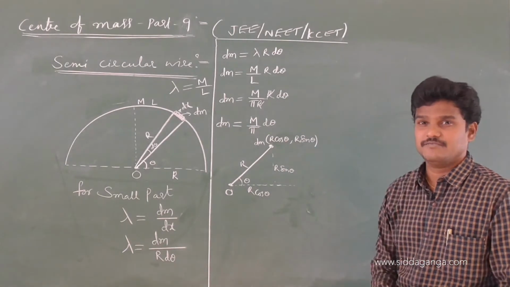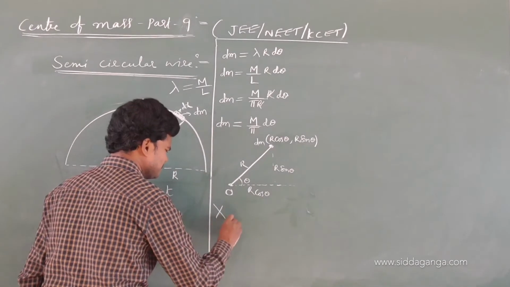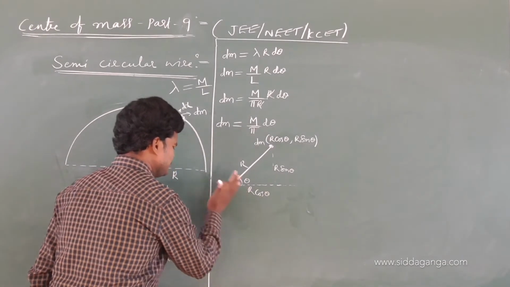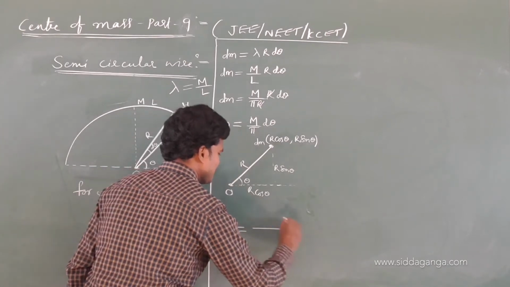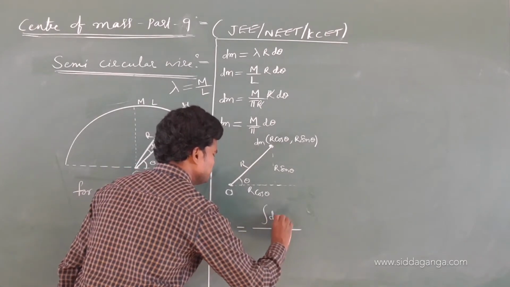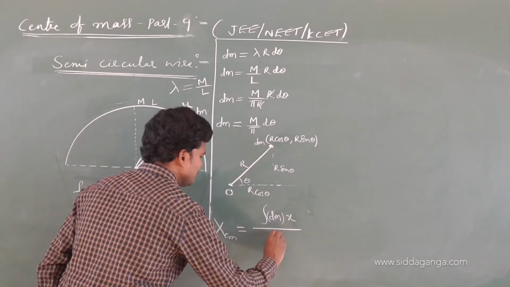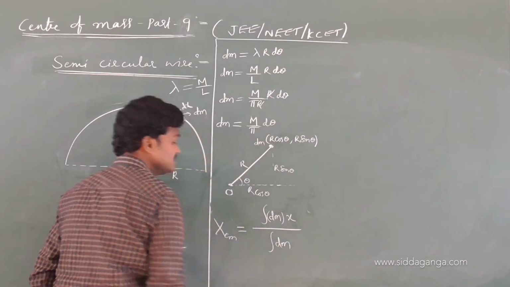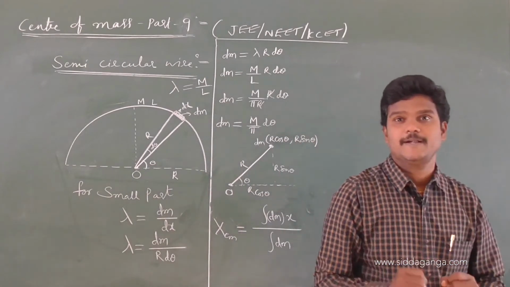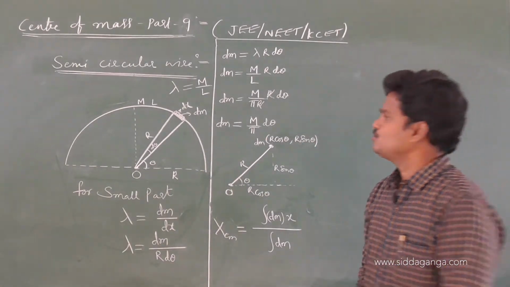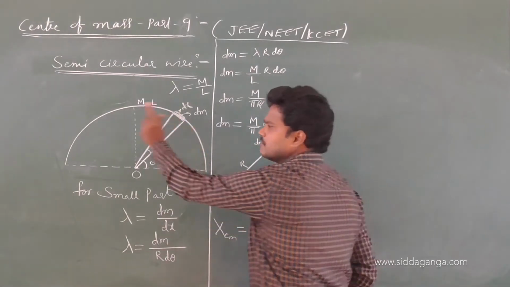Now let me find xcm first. Xcm, let me write here, observe the steps. So integration of dm into the x coordinate. Let us see the limits. Identifying limits is important. What are the limits? We can start this small elemental mass from here, maximum at the end.